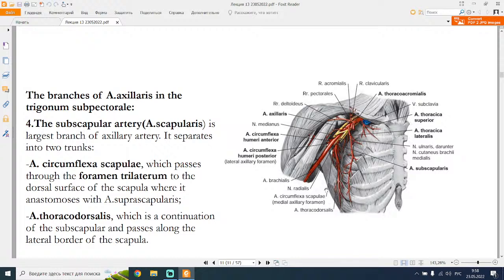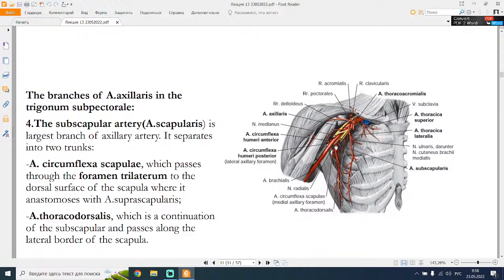Next, arteria thoraco-dorsalis, which is a continuation of the subscapular artery and passes along the lateral border of the scapula.